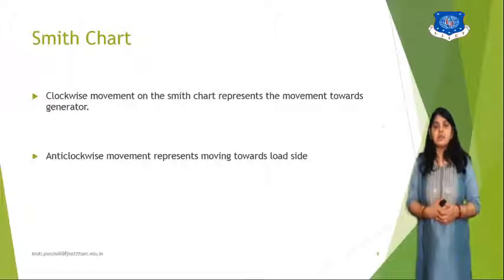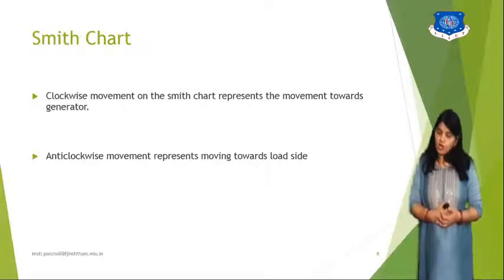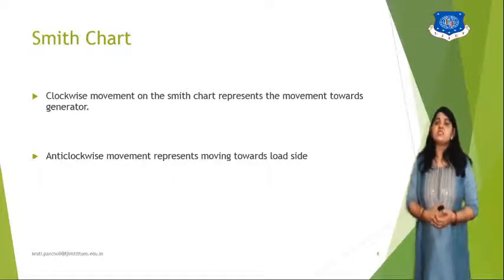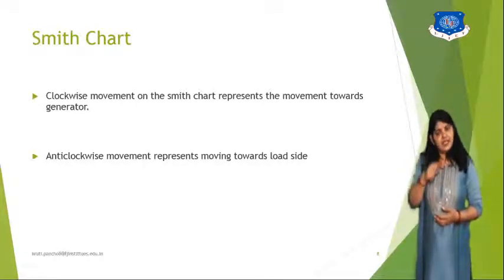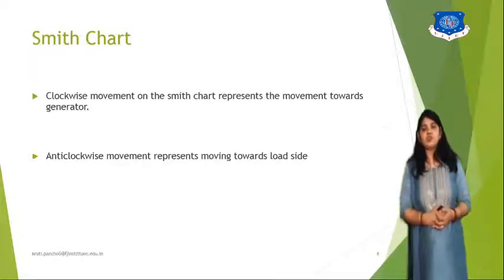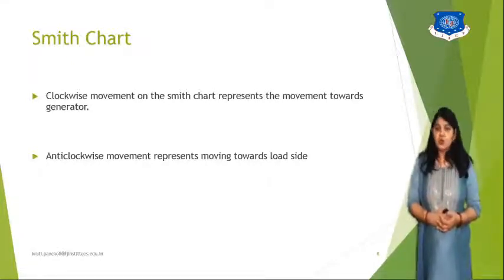In the Smith chart, clockwise movement represents movement toward the generator, and anti-clockwise movement represents moving toward the load side. You have to keep this in mind while you are solving the problem.